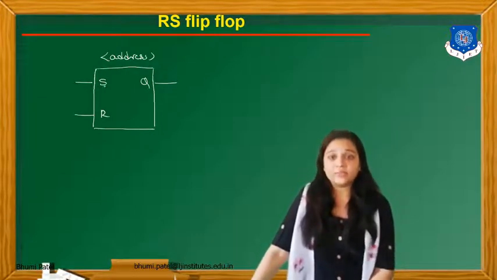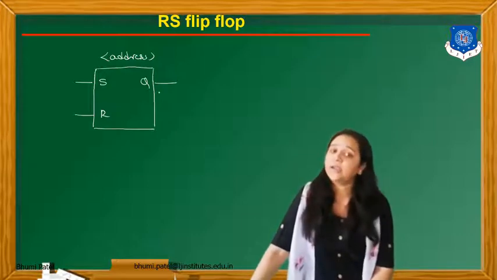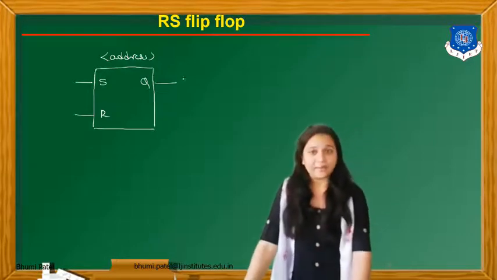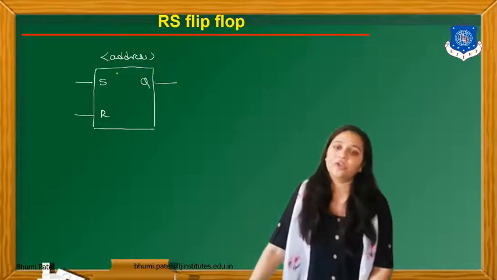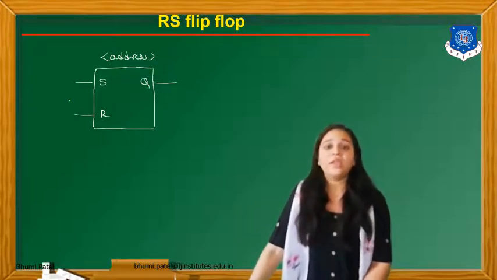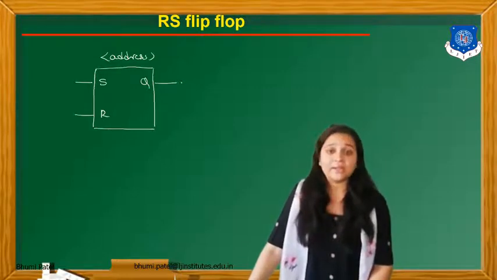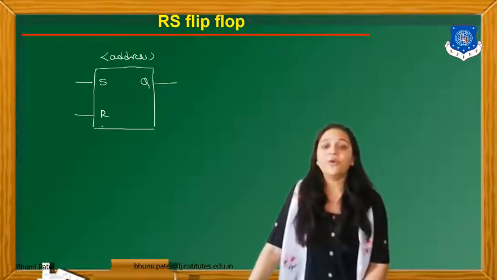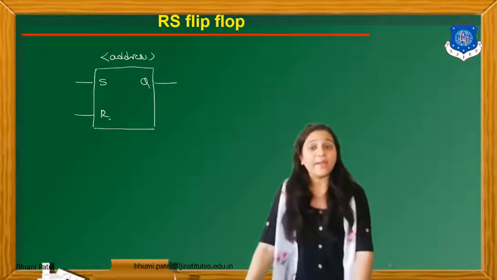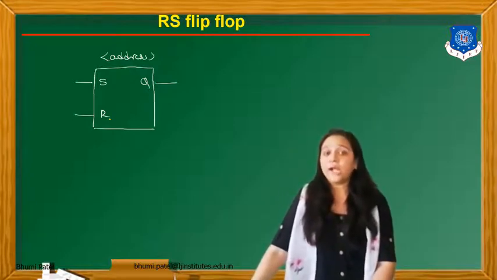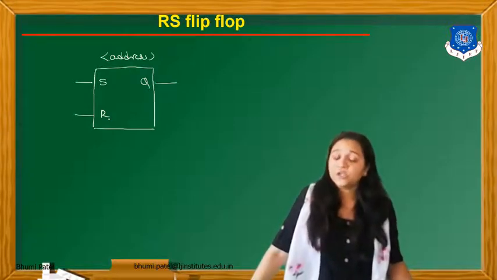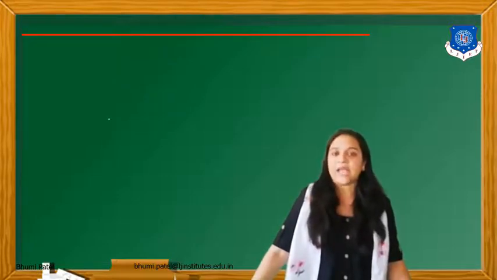If S is 1 and R is 0, we get the set output. If R is 1 and S is 0, we get the reset output. If S is 0 and R is 0, meaning both inputs are low, we get the previous output. And if both inputs are high, we get an undefined output. So RS flip flop is used for the reset or set function.